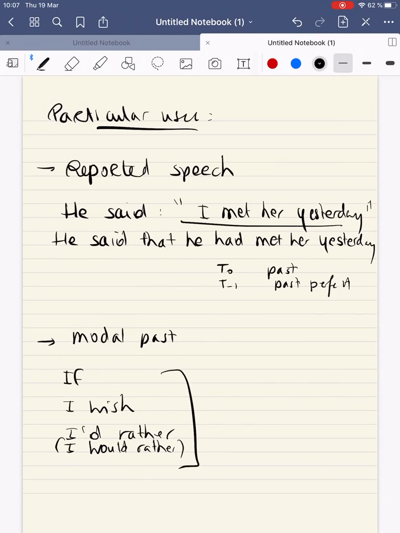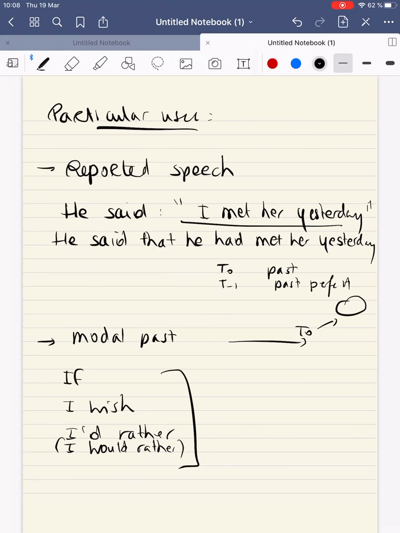So remember we said that we could use the past after those words in order to indicate that the situation was broken from the present situation. We are imagining a situation. I wish I were rich, for example.